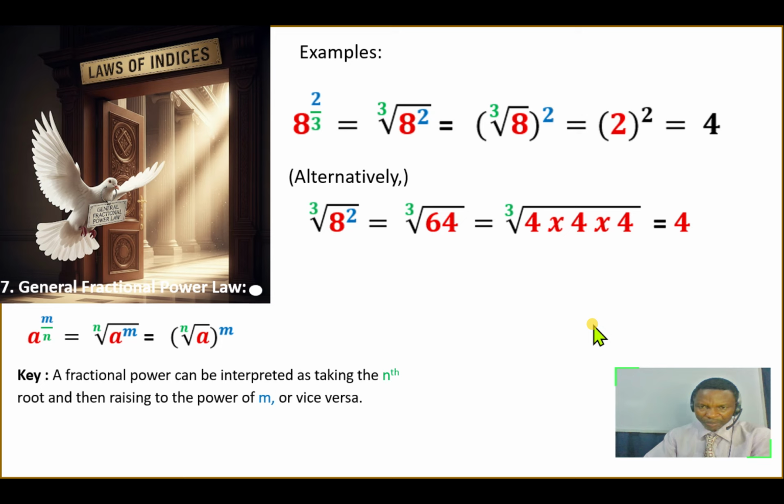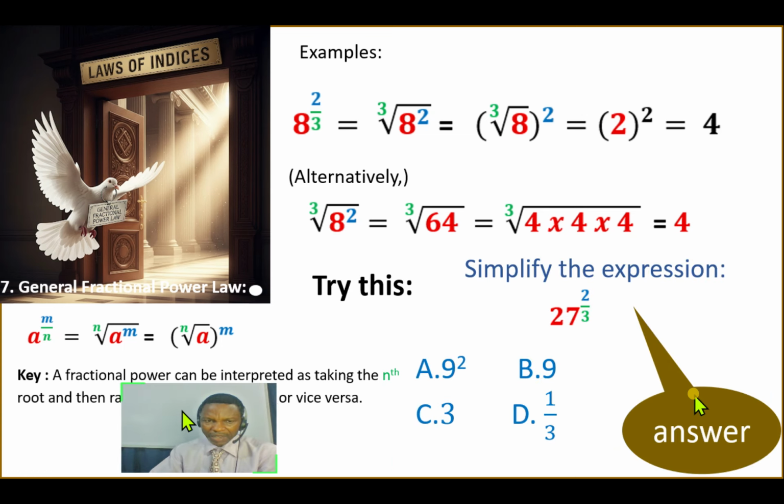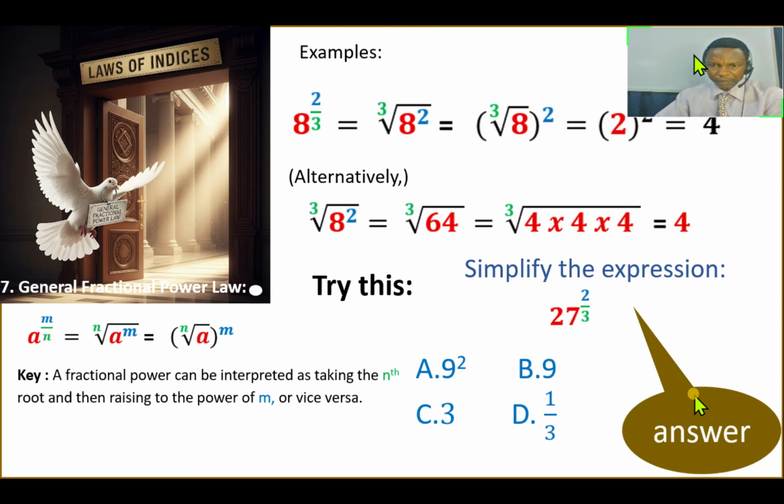The cube root of 8 squared, that is the cube root of 64, which is 4 times 4 times 4. That is, you take one of them, that is 4. So I want you to solve this. What is the value of 27 raised to the power 2 over 3?